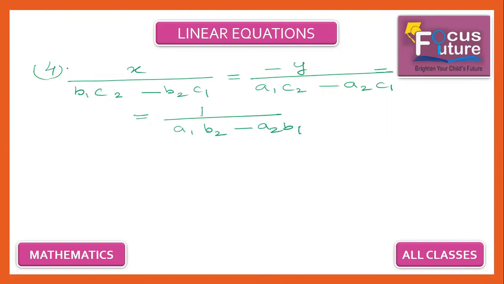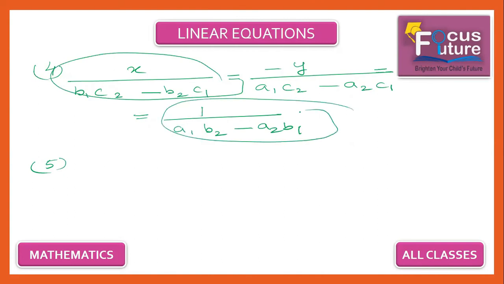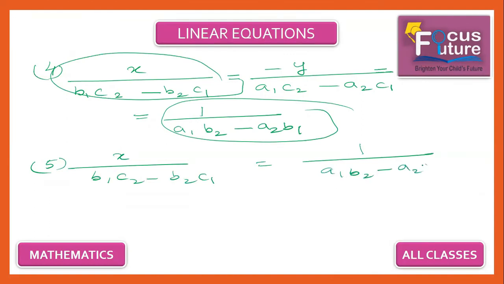So from this, you would calculate your step number 5. Take two equivalents one at a time. So with x and this constant, x divided by b1 c2 minus b2 c1 equal to 1 divided by a1 b2 minus a2 b1.